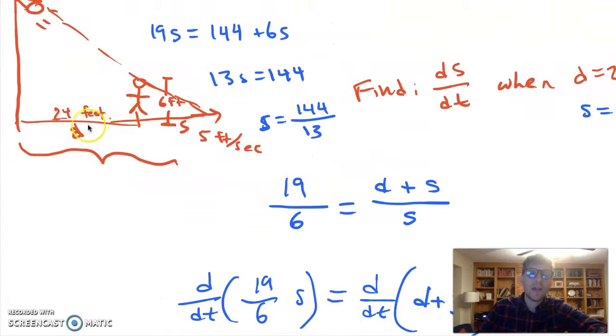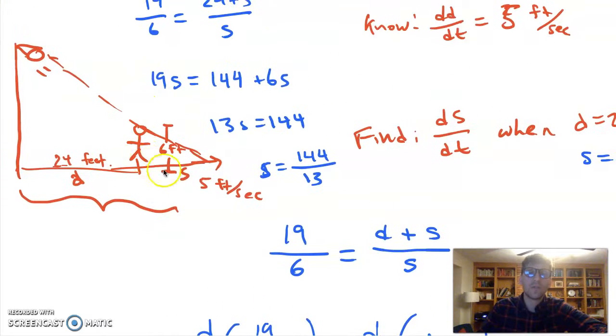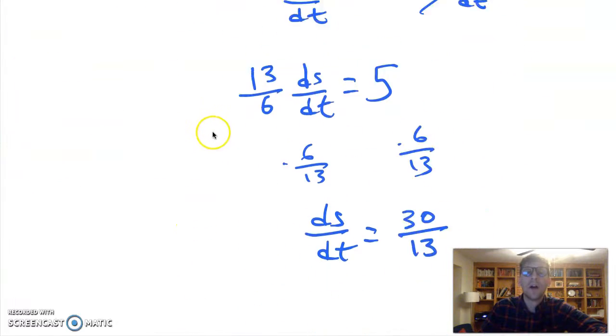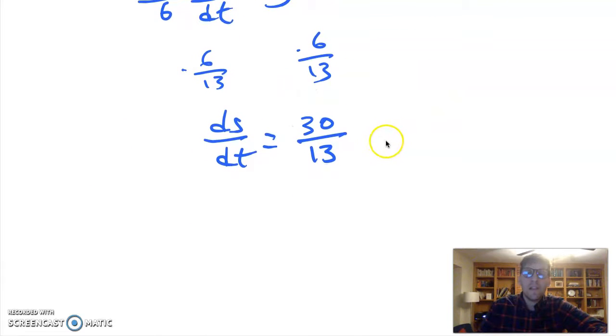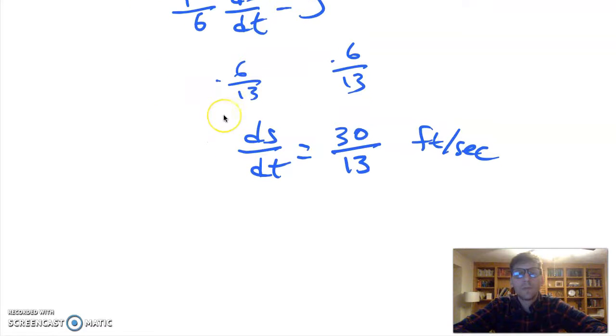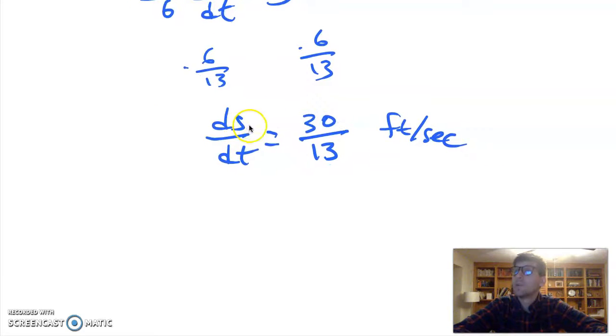So as this person is walking this way at a rate of 5 feet per second, the shadow is growing at a rate of 30/13 feet per second. And if I go to the Drexel website, which I think I must have pressed the button to automatically pause it, but yeah, we had the correct answer.